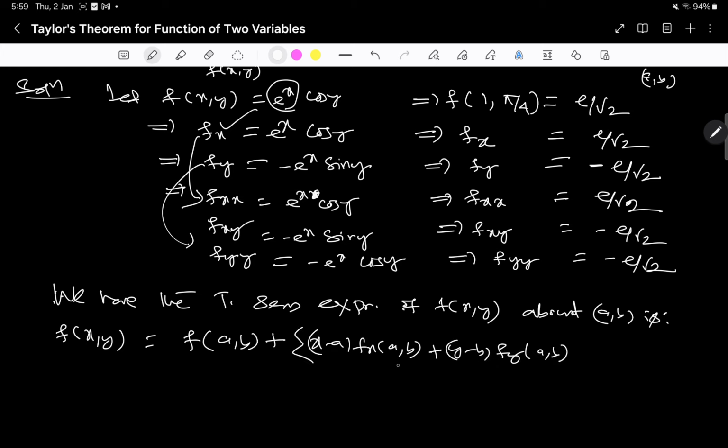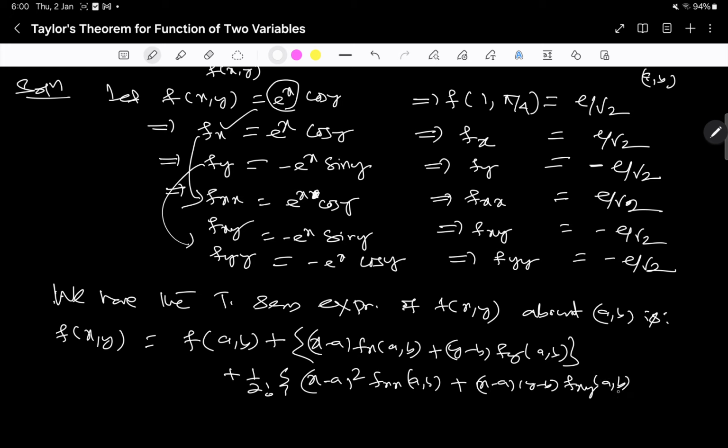Okay. Then plus here 1 by 2 factorial, (x minus a) square fxx(a,b) plus (x minus a)(y minus b) fxy(a,b) plus (y minus b) whole square fyy(a,b), okay, and plus so on.